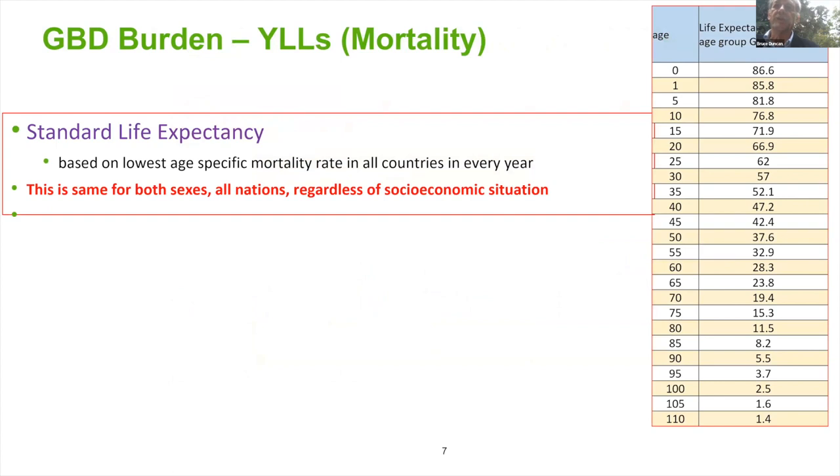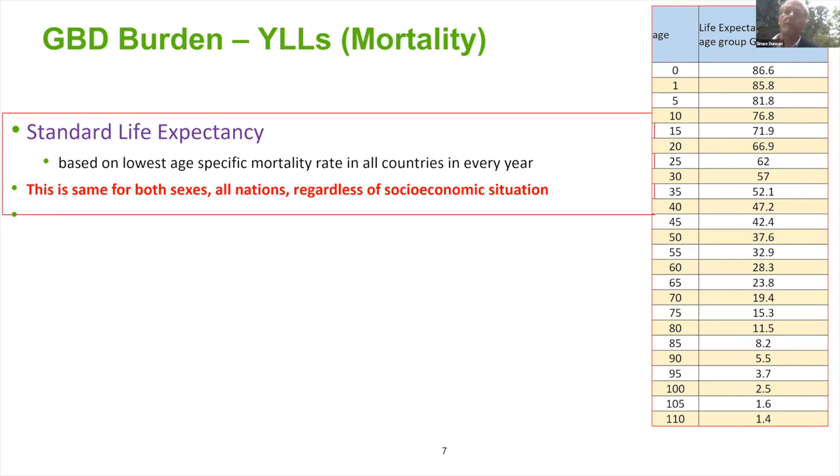Going into a little more detail, GBD, with respect to the mortality part and the YLLs, created a standard life expectancy table, which is shown on the right of the slide. This table shows for each age, or for each age strata, the expected number of years forward before death.